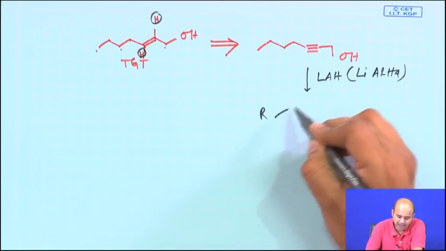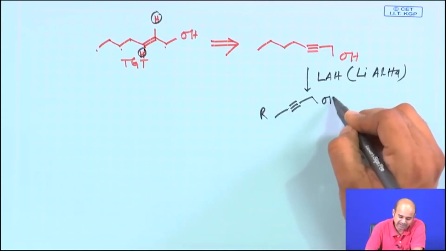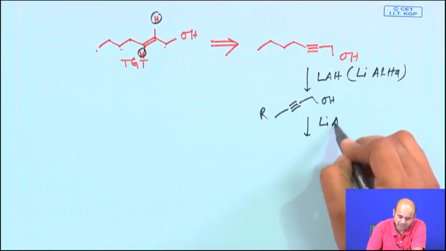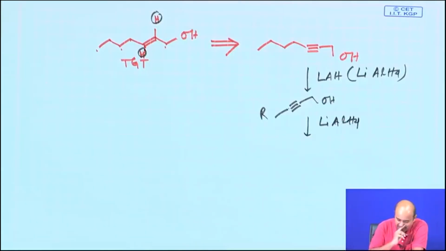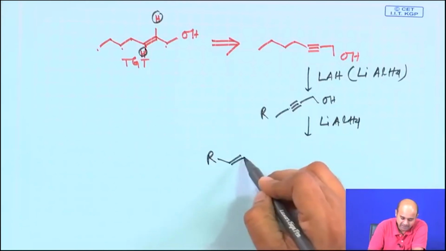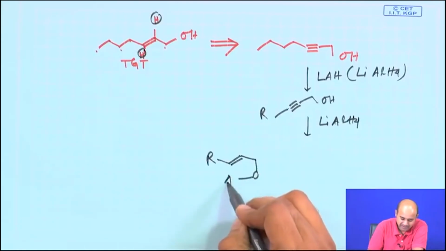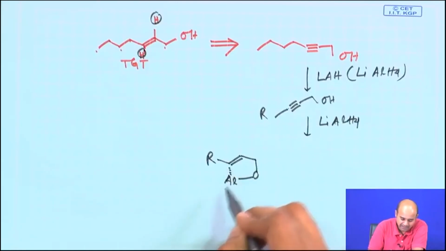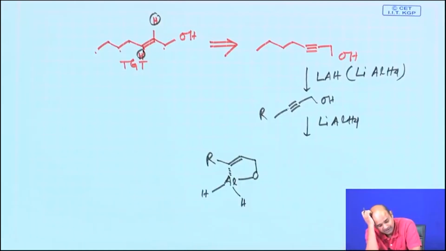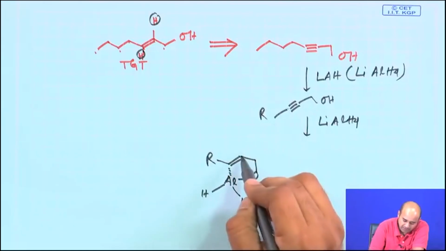Usually, if you have such a propargylic alcohol as a starting material, normally with exposure to lithium aluminum hydride, the initial step gives you a cyclic aluminate species, where one of the hydrogens from the LAH has already attacked this particular triple bond.